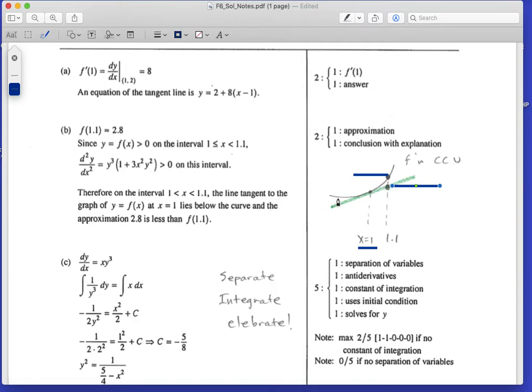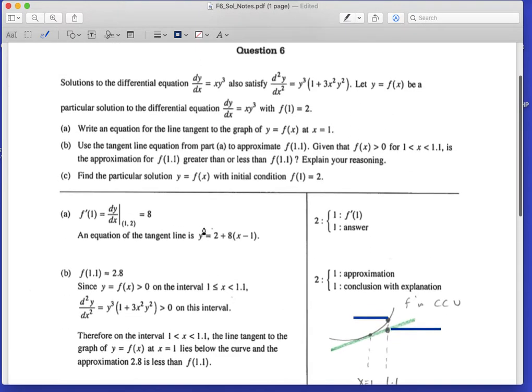So if I put 1.1 into the equation of the tangent line, I get 2.8, and I know that f of this actual function value on the curve, f of 1.1, is slightly bigger than 2.8. How did they say it? Since y equals f of x at x equal 1 lies below the curve, the approximation 2.8 is less than f of 1.1.